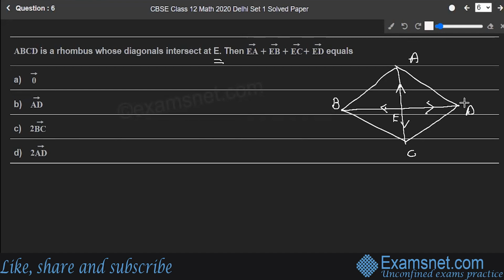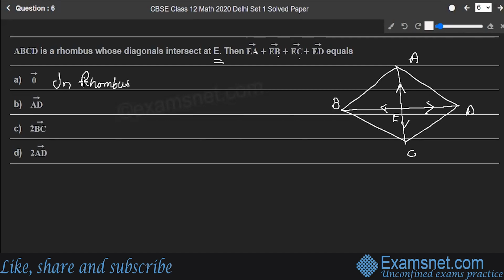These are the 4 vectors, fine. Then EA plus EB plus EC plus ED equals to what? You are given that this rhombus has diagonals that intersect at E. Since in the rhombus, diagonals bisect each other.